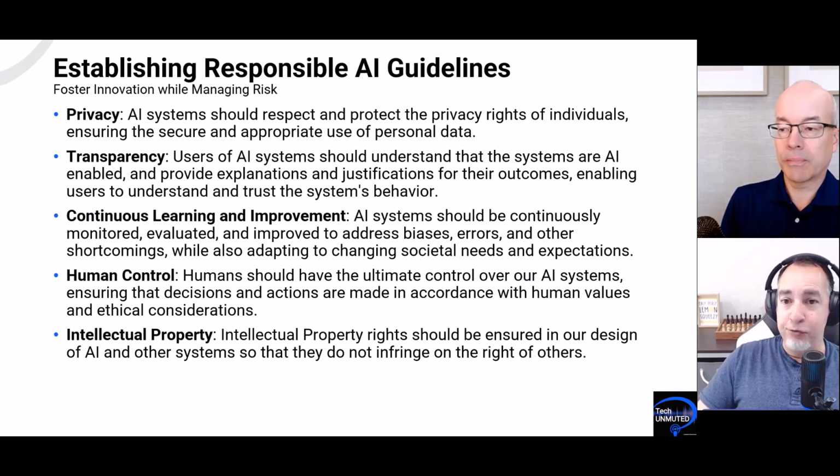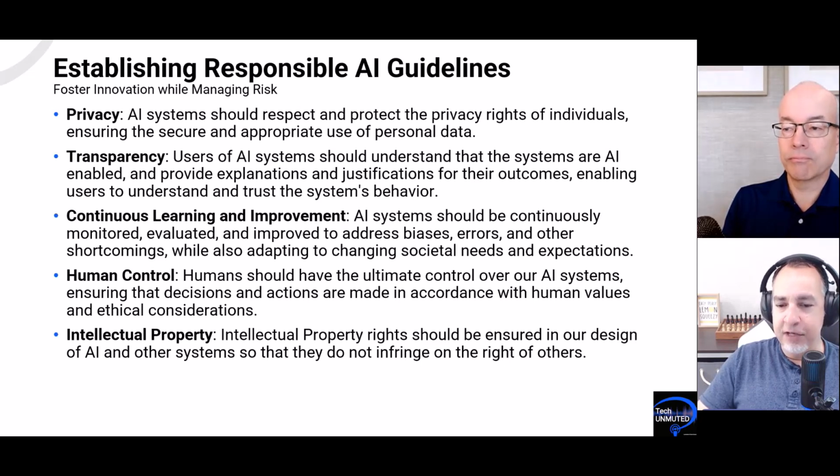If I create a document using AI like ChatGPT, can you consider that my document? There are so many dimensions to the intellectual property piece, and they all have different dimensions and evolutions and stages they're going to go through. But this one in particular, I think, is going to be a complicated one. I'm curious to see over the next couple of years how it evolves and where we land.